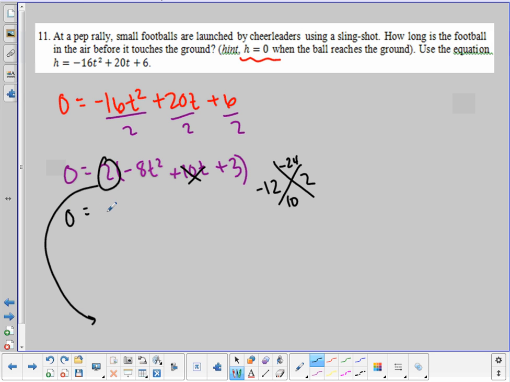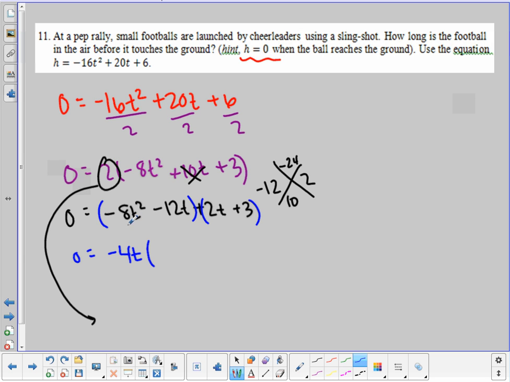So I have negative 8t squared minus 12t plus 2t plus 3. So now I group them, and when I group them, in the first group I recognize that both terms are negative. Since both terms are negative, I'm going to divide out a negative. I can also take out a 4 and a t. So that gives me negative 4t.